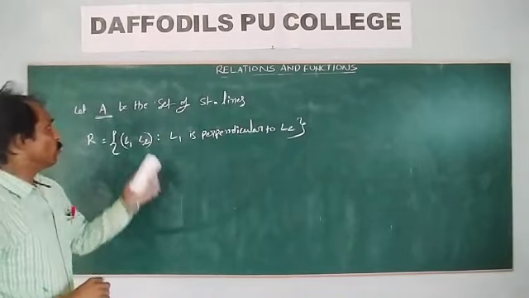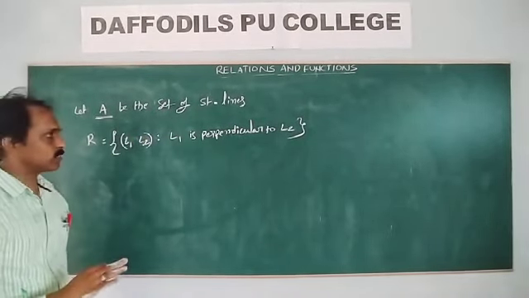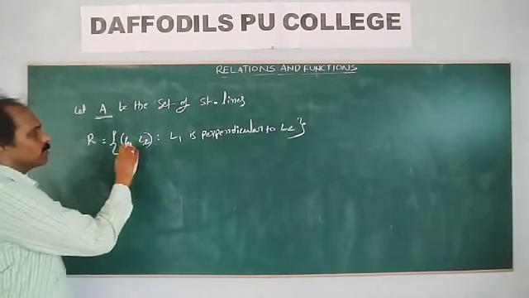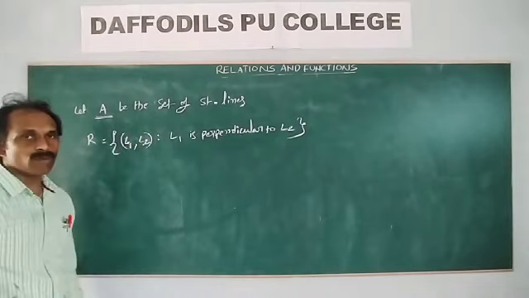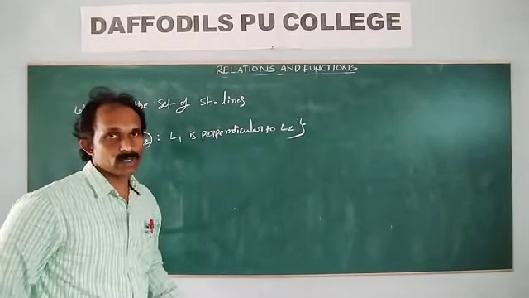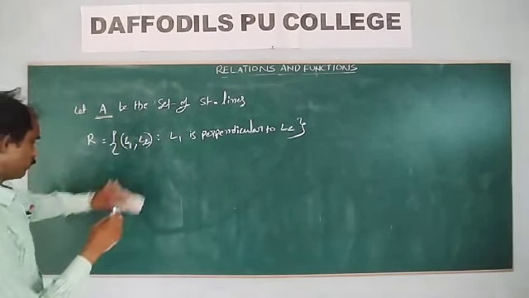This is the relation. What is set A? Set A is the set of straight lines, and the relation is (L1, L2) such that L1 is perpendicular to L2.